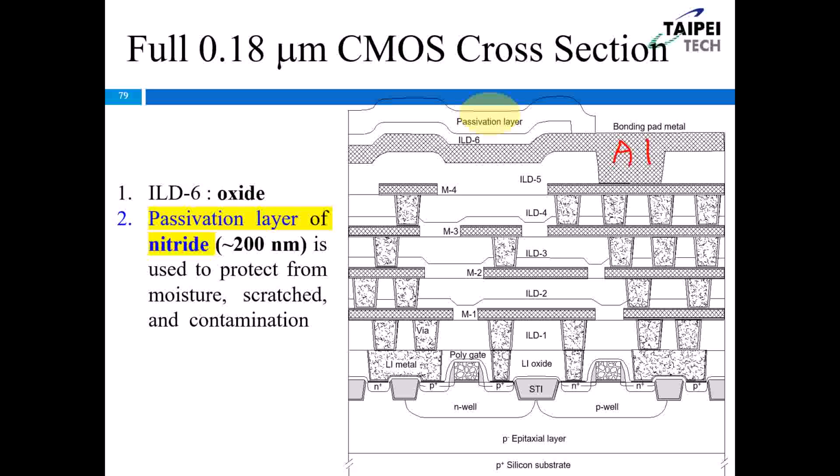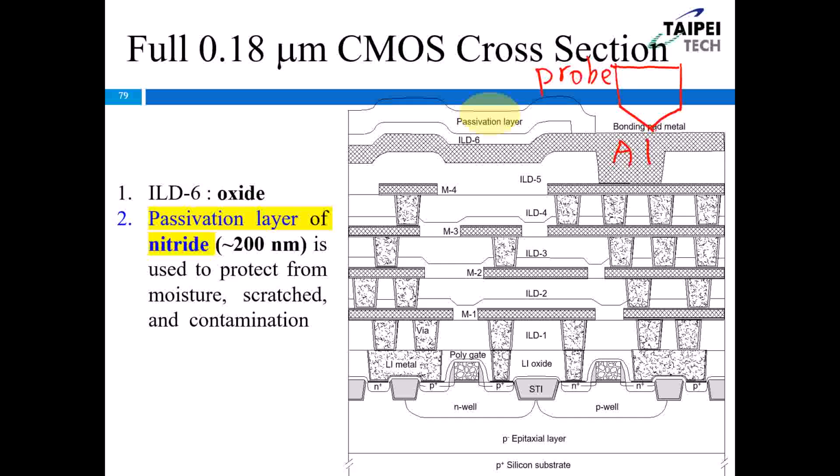And then we use the probe, 探针, to come into contact with this aluminium bonding pad.